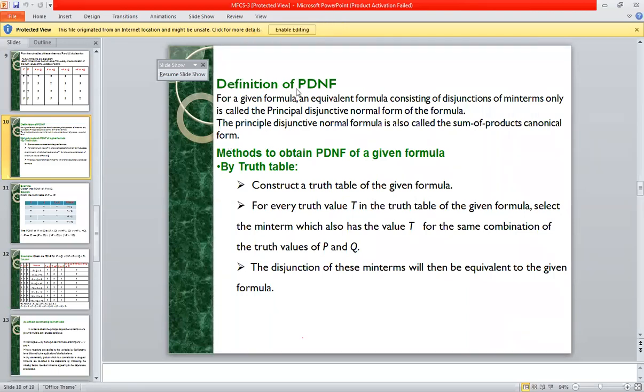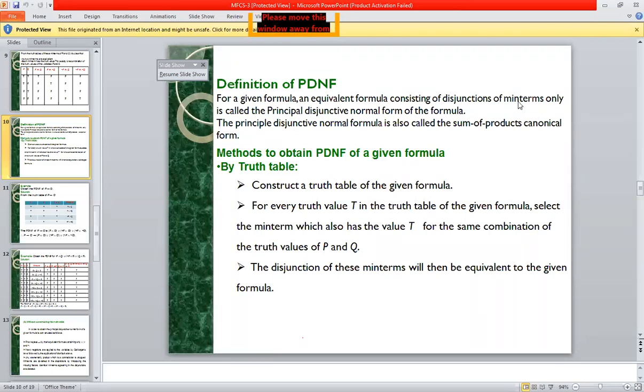So what is PDNF? For a given formula, an equivalent formula consisting of disjunctions of minterms. Disjunction means what symbol are we using? Or. Sum of minterms only. Minterms contain products, the conjunction operator.